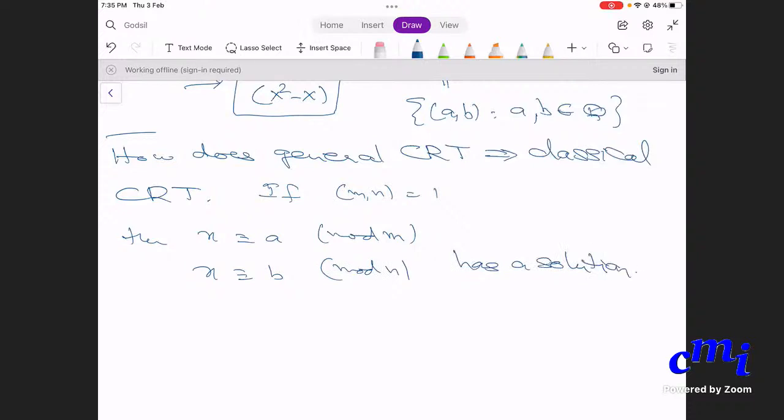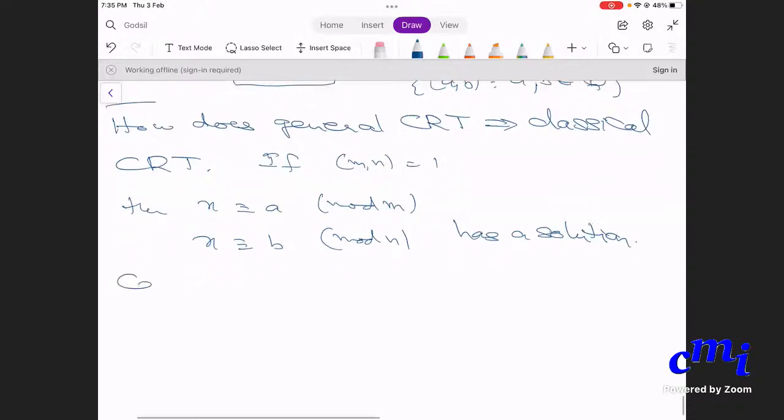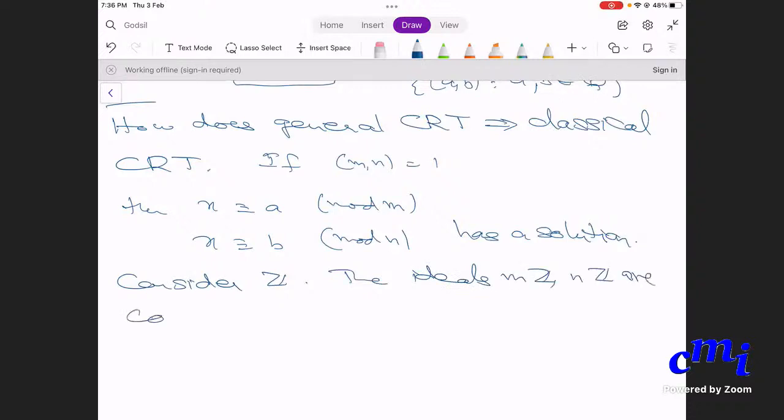So if you apply the general Chinese remainder theorem to Z, so consider the ring Z, the ideals MZ and NZ are co-maximal if M and N are co-prime.